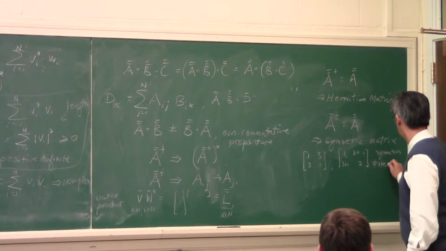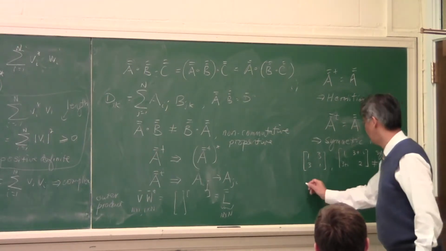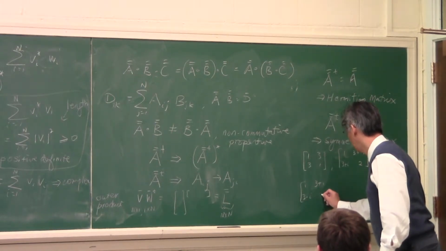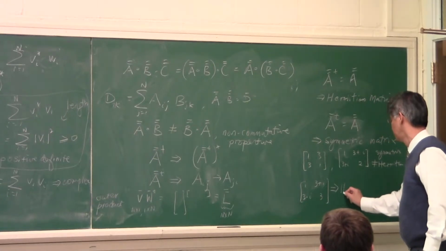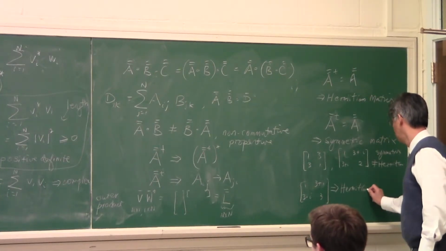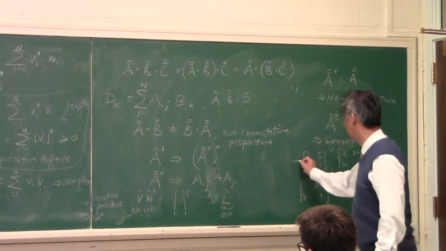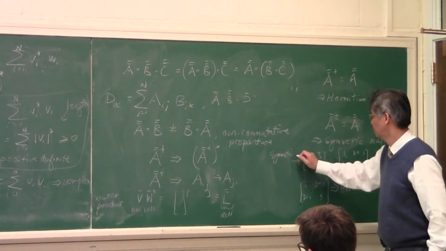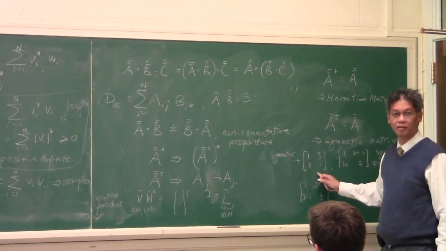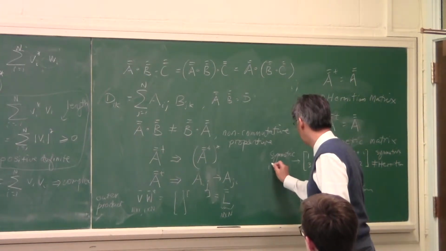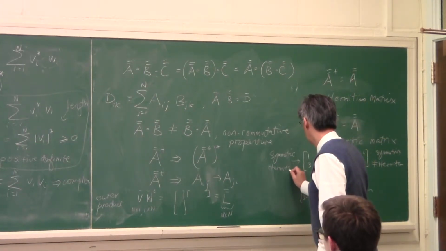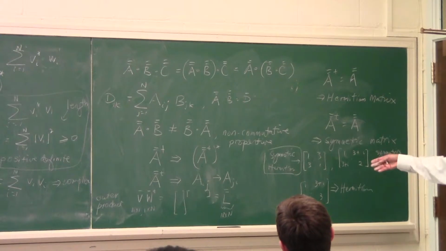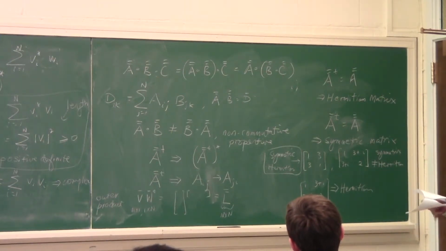However, if you were to write a matrix like this, this is Hermitian. Is this matrix, which is symmetric, also Hermitian? It is. This matrix is both symmetric and Hermitian. So you can see three kinds of matrices over here, and they all appear in quantum mechanics.